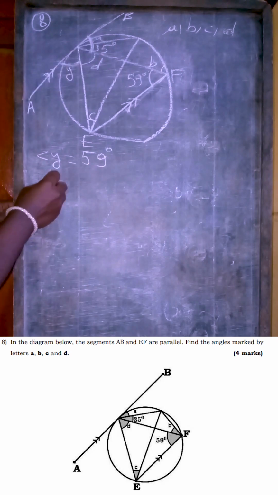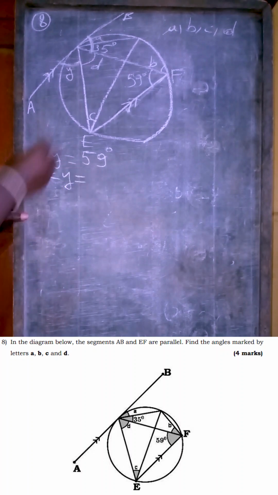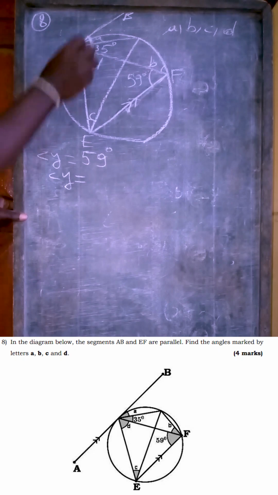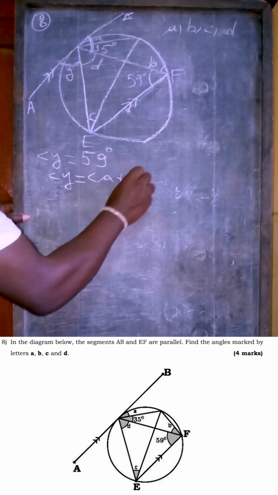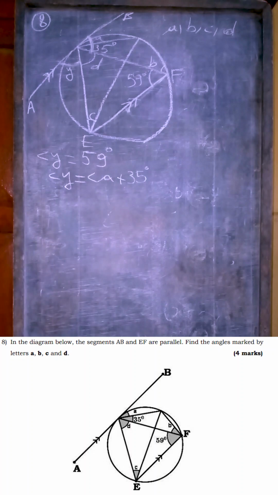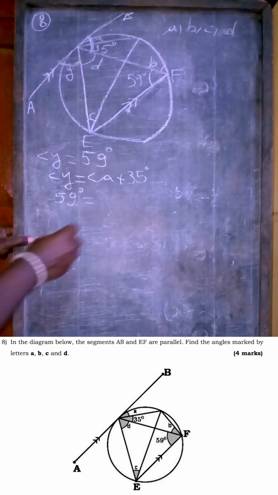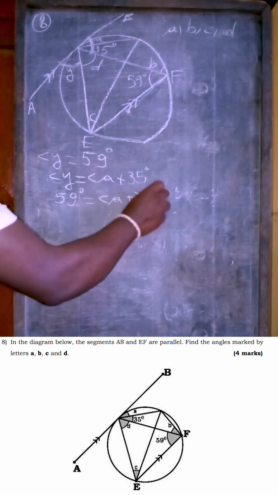Means that angle Y is also equal to angle A plus 35 degrees. And after knowing that angle Y is equal to 59 degrees, 59 degrees is equal to angle A plus 35 degrees.